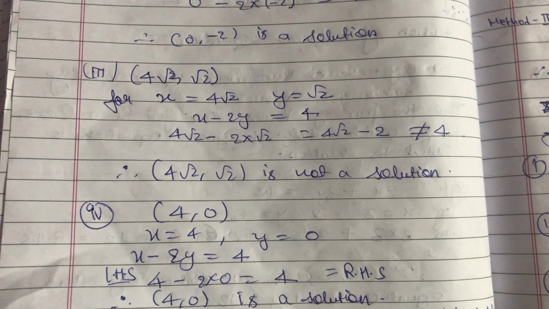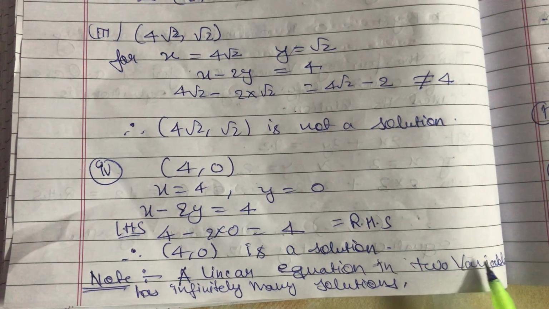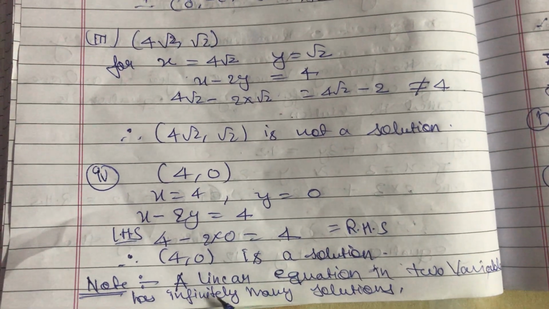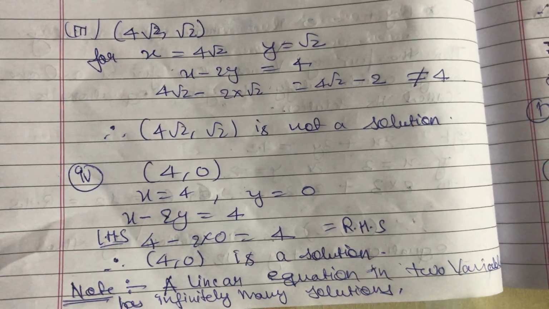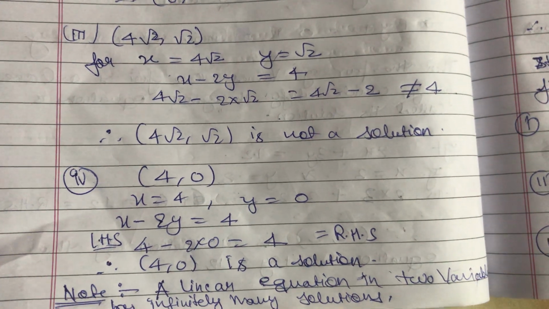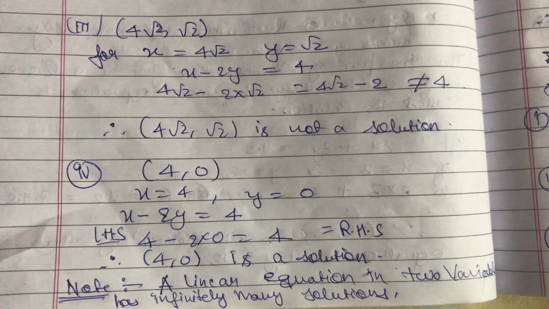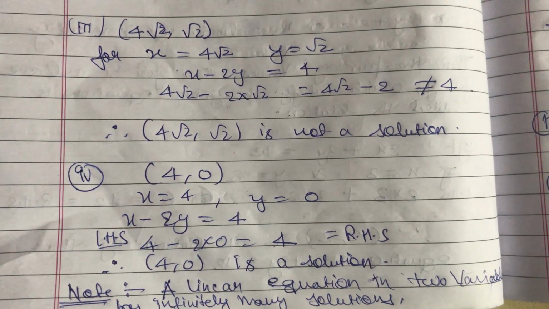Well, the answer is infinite. A linear equation in 2 variables has infinitely many solutions. Remember this. I'm not talking about 2 linear equations at a time. I'm talking only about a single linear equation in 2 variables that has infinitely many solutions.